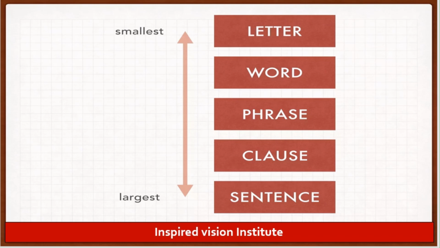For example, C-A-T has 3 letters, and when we combine them, it becomes a word. But the word must have a meaning, otherwise it won't be a word. If we say C, D, D, E, it is a combination of letters, but it doesn't give any complete sense, so it's not a word. A word must have some meaning in it.